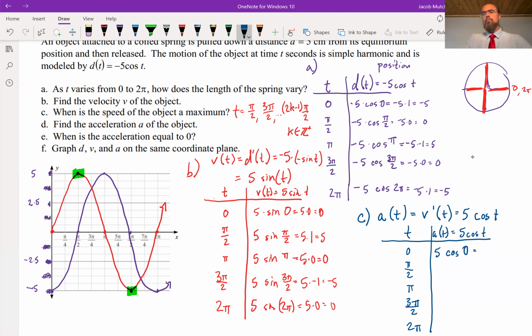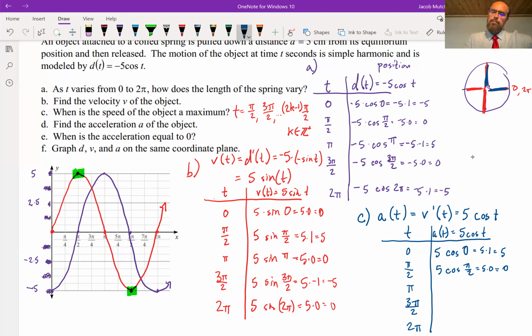So again, we're changing our view. We're looking at cosine, which is the horizontal component. At 0, it has a horizontal component of 1. So that's 5 times 1, or 5. At pi over 2, that's the vertical 90-degree position. So cosine there is 0. There's no horizontal component. 5 times 0 is 0.